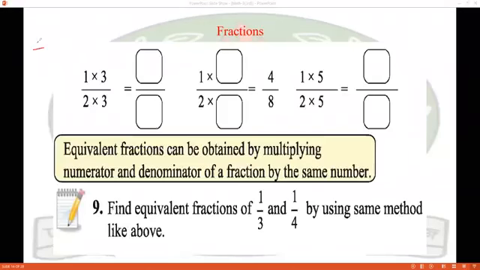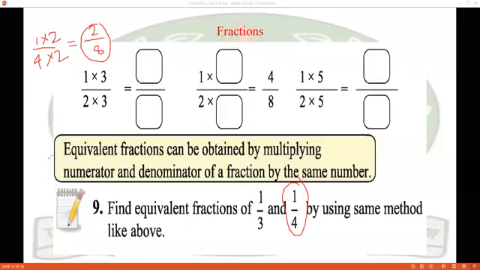1 by 4. At first, we multiply by 2, 2 and 2. We get 2 and 8. This is also equivalent to 1 by 4.